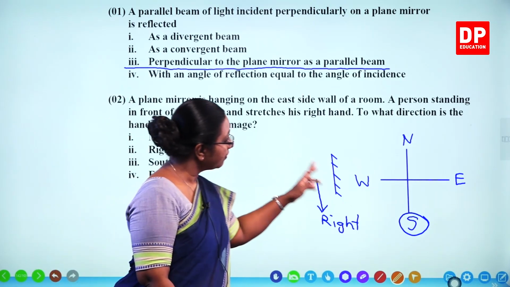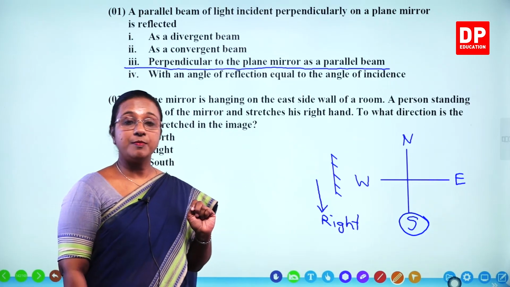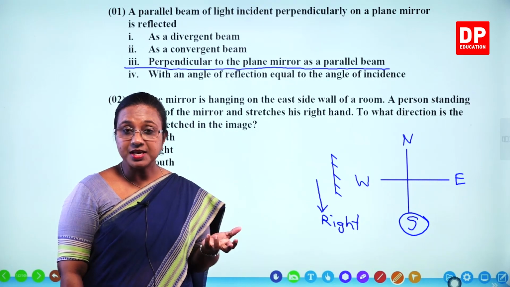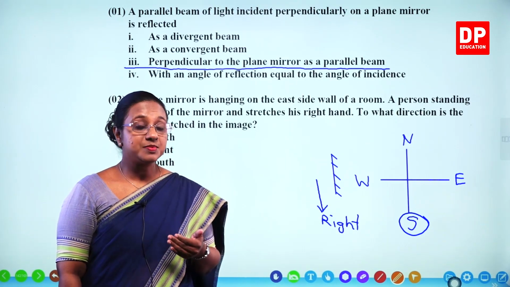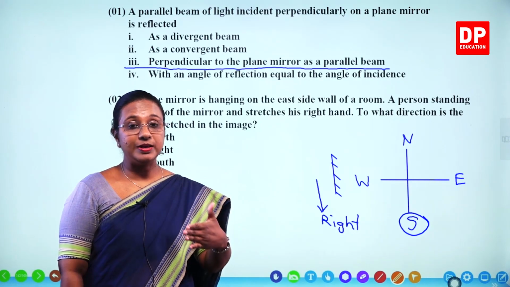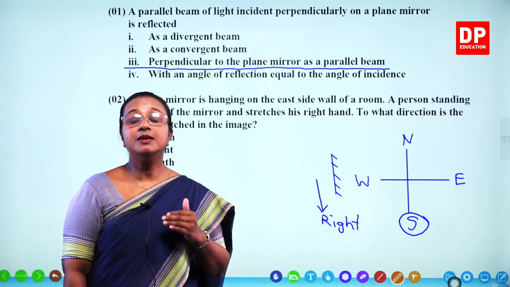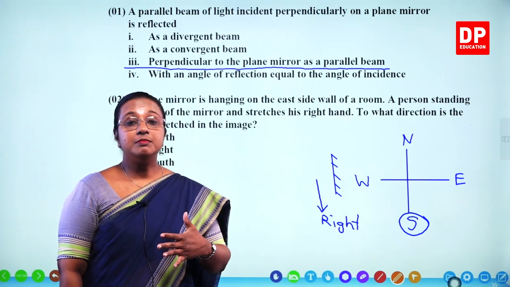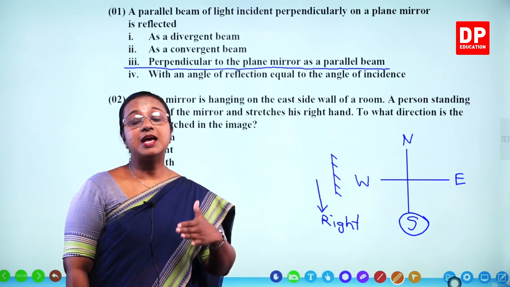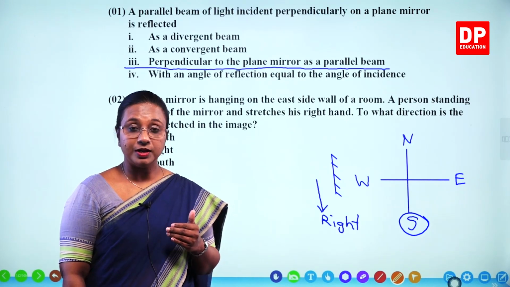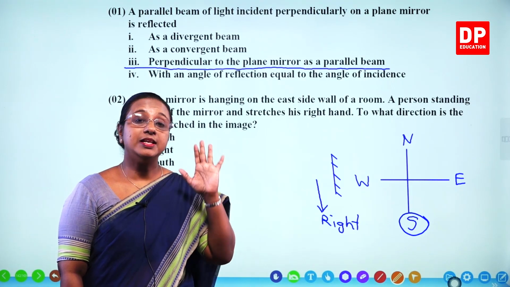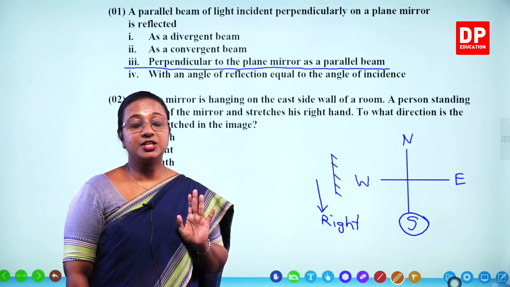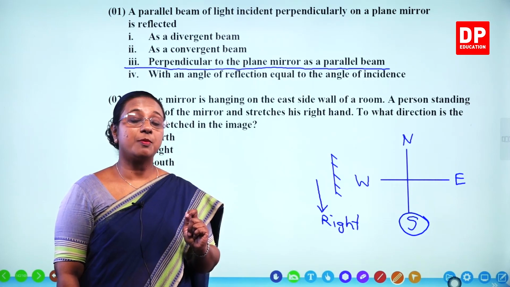So first think of the properties of the image formed here. It's the same size as the object, the same distance, the distance between the object and the mirror and the distance between the image and the mirror both are equal. And also it is upright, the same direction. But what is the special property?